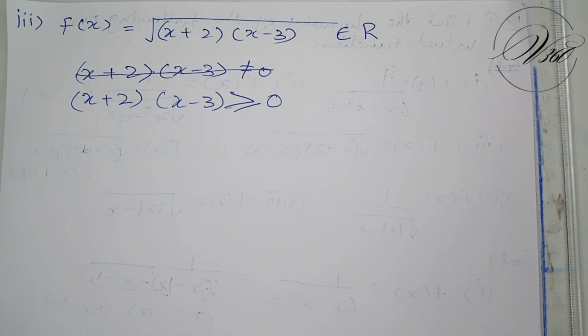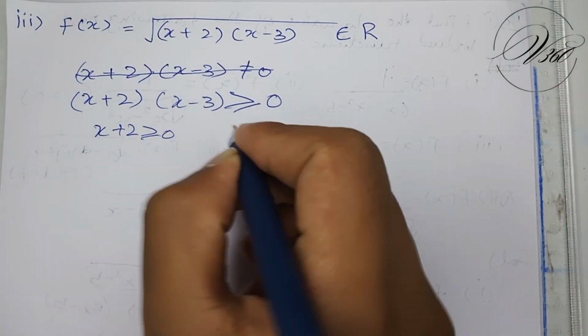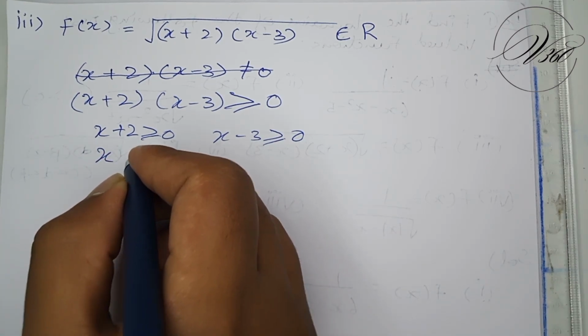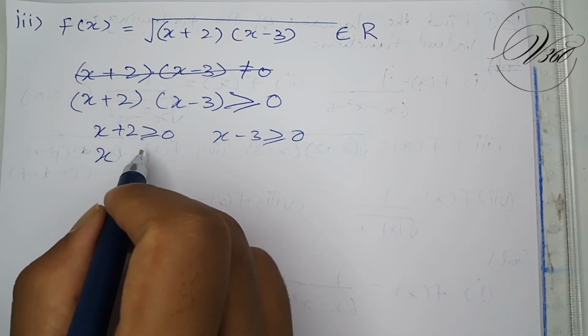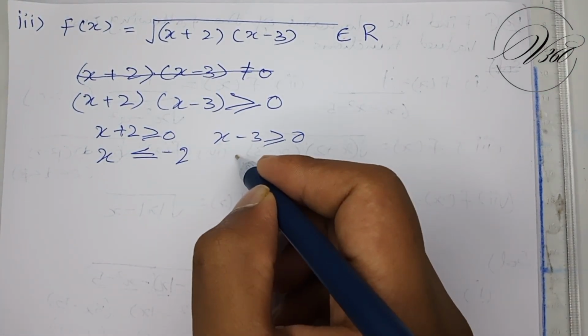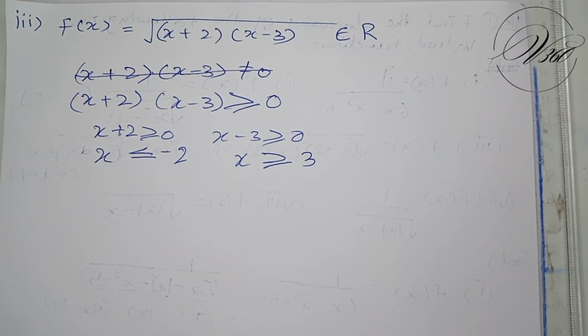Now here we can take x plus 2 of x minus 3 greater than or equals to 0. Then we will take separately, that is x plus 2 greater than 0, x minus 3 greater than 0. Now here this sign changes like this, so x is less than or equals to minus 2 and x is greater than or equals to 3.